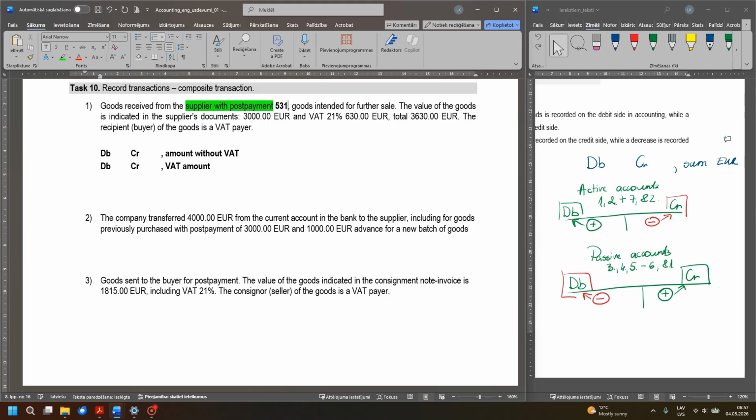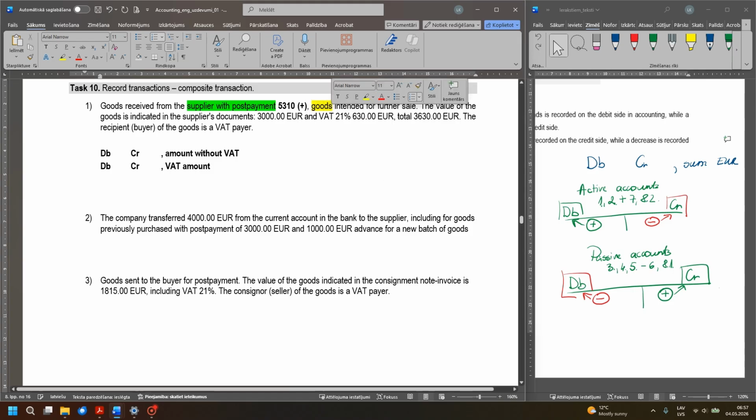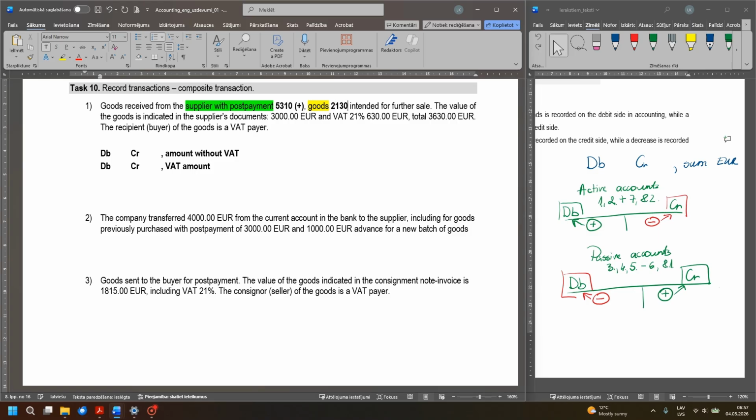This will be account 5310. And if I didn't pay it, that means my liability increases. So then I get goods. Goods is an asset. And if I get goods, it increases. It's account 2130.